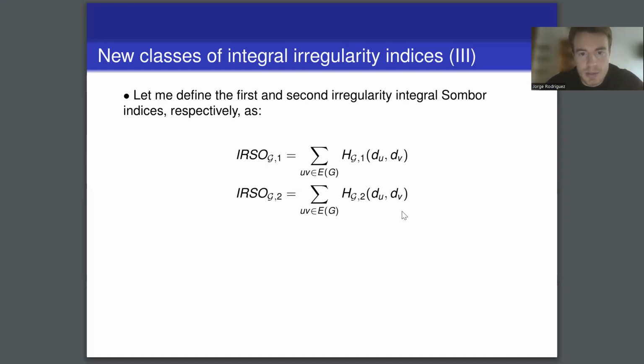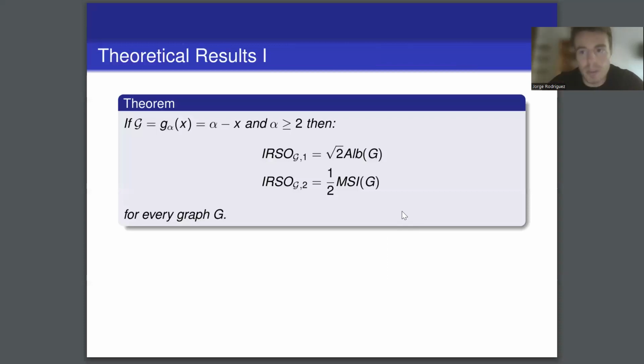With this set, let me go to the theoretical results, and then we're going to see the empirical results. In the theoretical results, basically what we're going to see is how these two irregularity Sombor indices that we built are linked to these two well-known and famous irregularity indices, the Albertson index and the misbalance index.